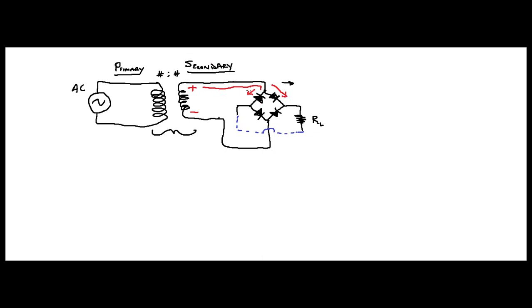So I'm going to draw an X through that one. It can't do that. It's going to go this way. And then when it gets to this junction right here, it cannot go that way, can it? Because that would be reverse bias, wouldn't it? So there's only one choice, is to come out down through your load resistor, right? So it's going to go through your load resistor. It's going to come back this way.